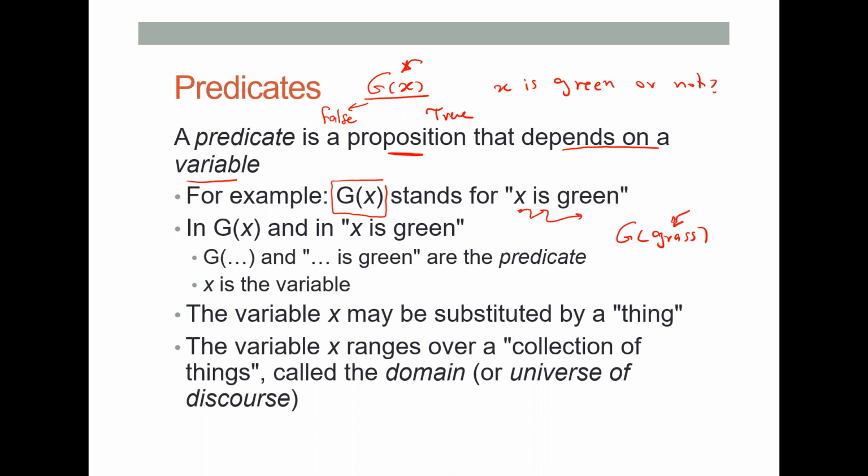Grass is a thing that has the color green, which means that G of grass has the value true. However, I'm gonna say G of tomato. The tomato has a color which is not green, which is red, which means that when you calculate it, its value is false.